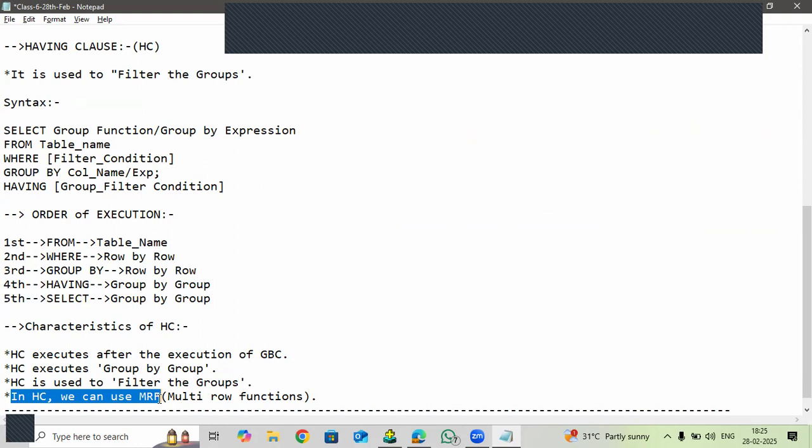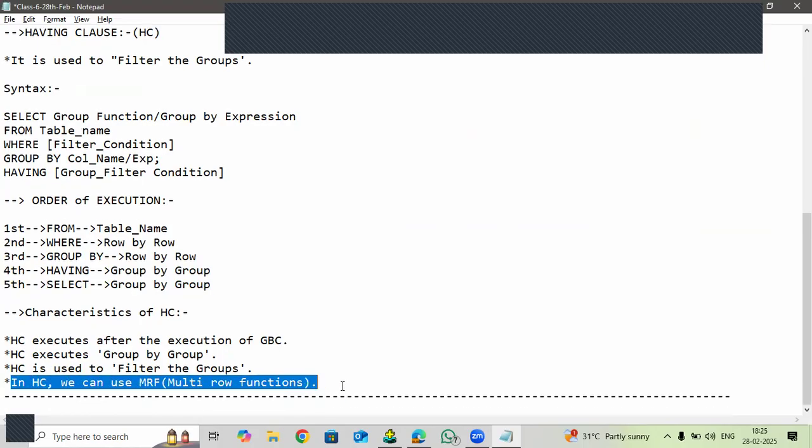So the last line says, in having clause, we can use multi-row functions. Let us see how to do that.